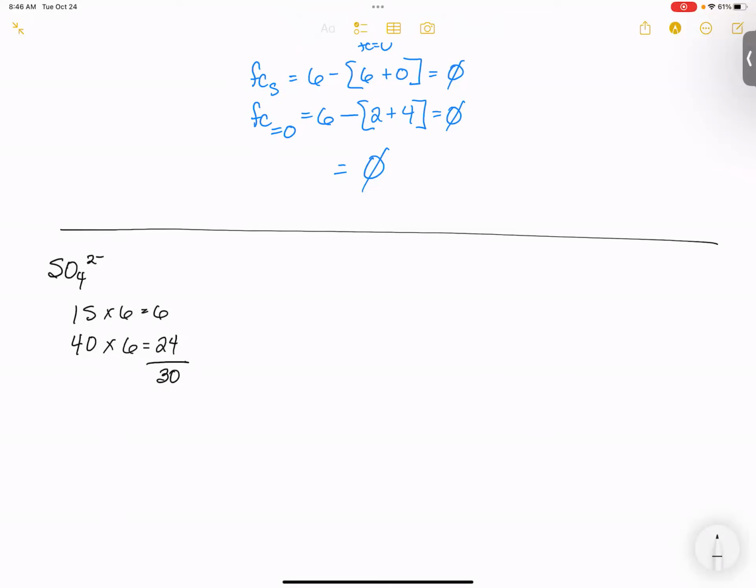But this has a charge. It is an anion, so we're going to add the magnitude of the charge to the total. So we're going to add 2 electrons for the charge, for a total of 32 valence electrons to distribute.